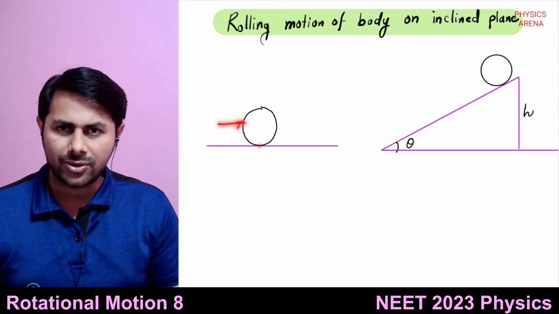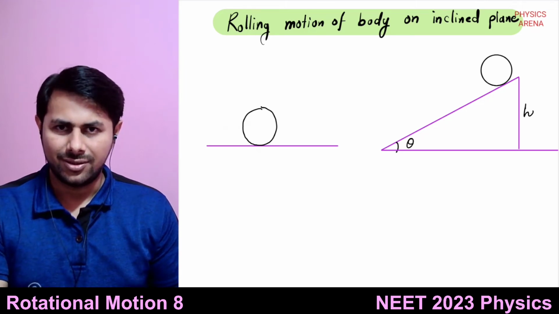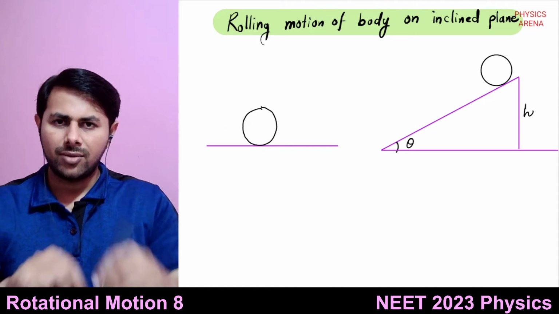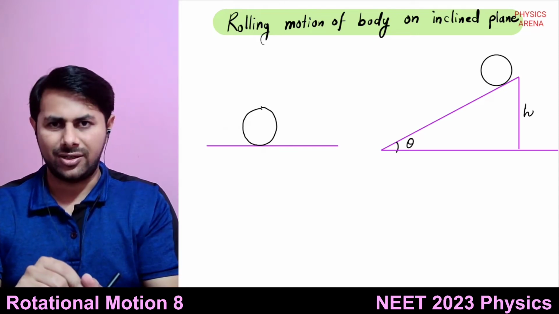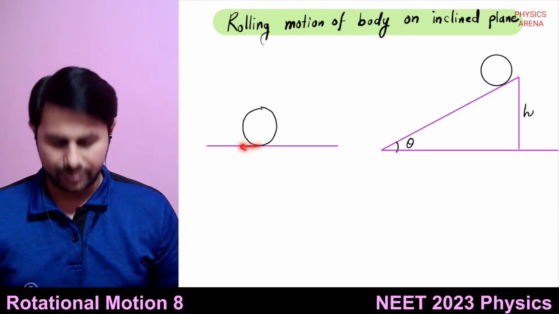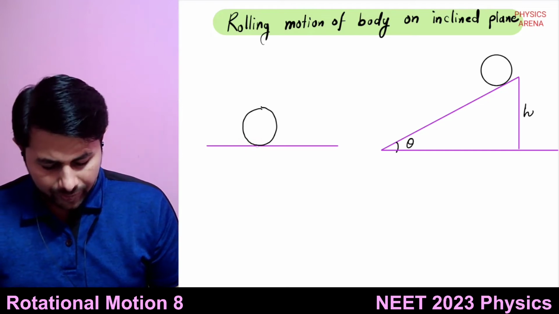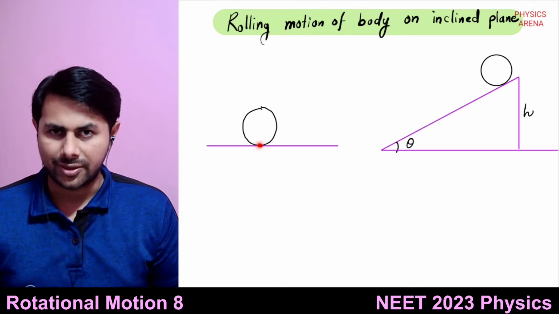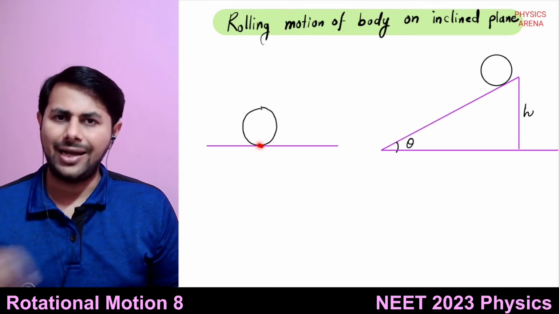See, when you exert any little force, it will slide. So the body doesn't have any point about which it can rotate if there is no friction at all. If there is some frictional force, then what will happen? The frictional force will try to hold this point at rest.